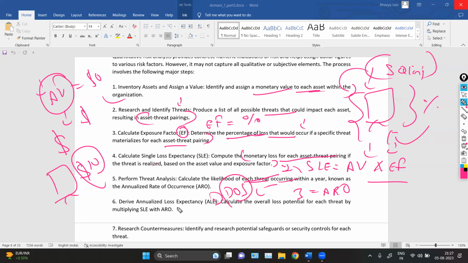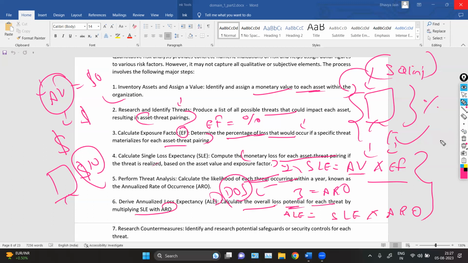Then we have ALE, which is annualized loss expectancy. It calculates the overall loss potential for each threat by multiplying SLE with ARO. So SLE equals AV into EF, and ALE equals SLE into ARO. We will perform this in a mathematical calculation.